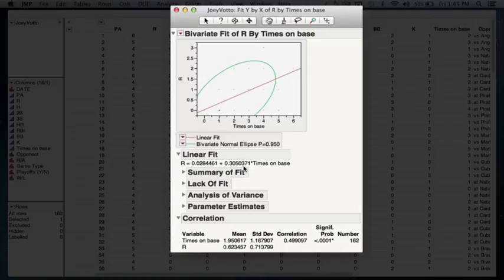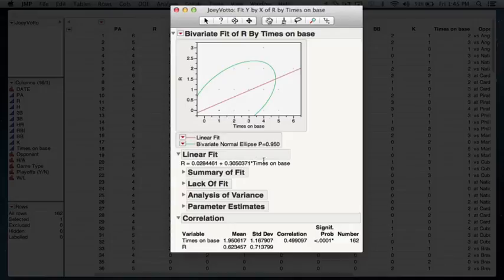This is the regression equation, and this can be very helpful because it's the equation for this line of best fit, our prediction line of the correlation. What this is telling us is that R is runs. Runs is equal to 0.03 plus 0.3 times the number of times that Joey Votto got on base.